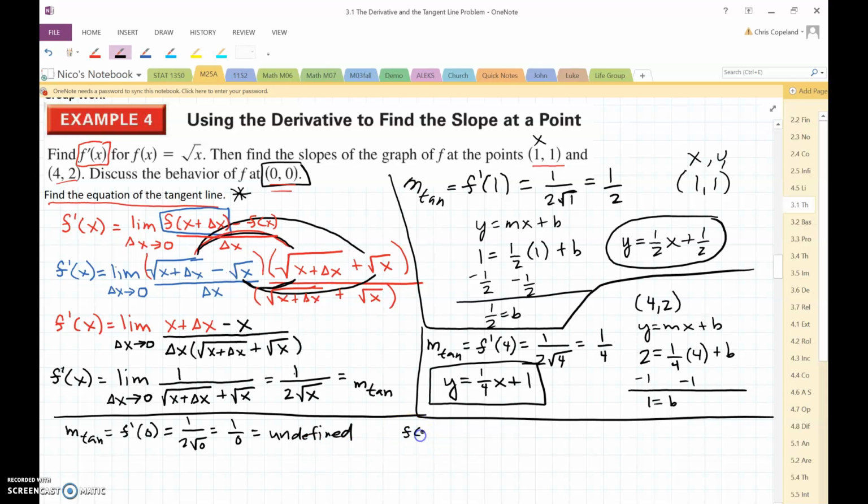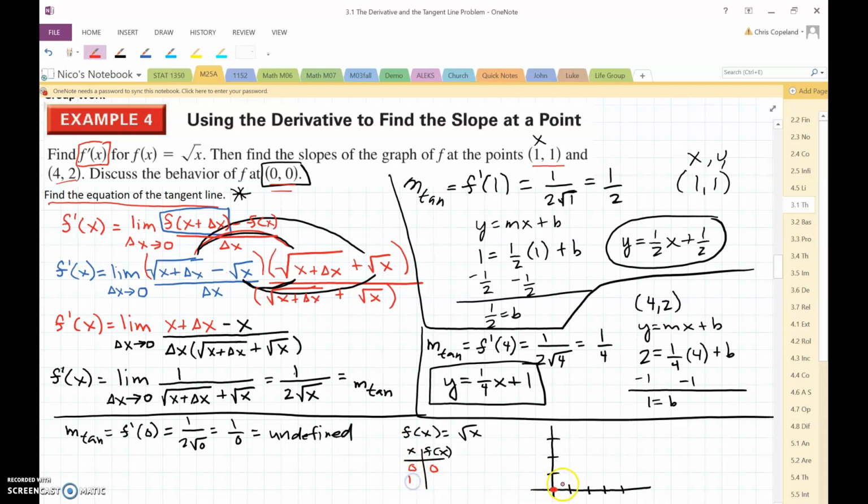the graph of the function, the square root of x. When you plug 0 into this function, you get 0.